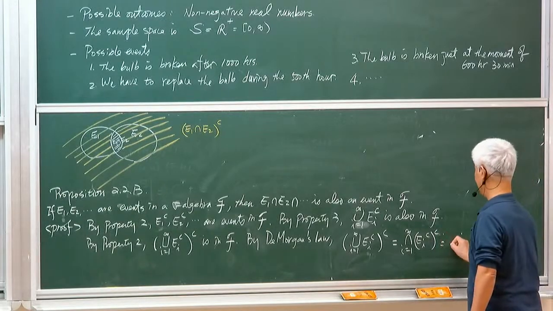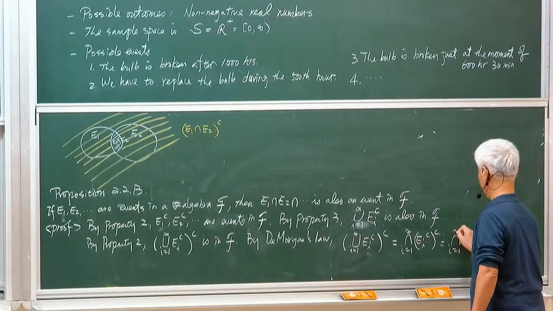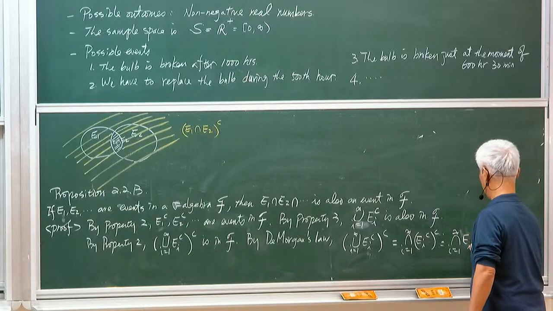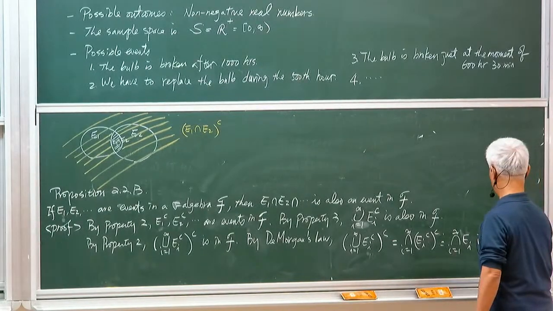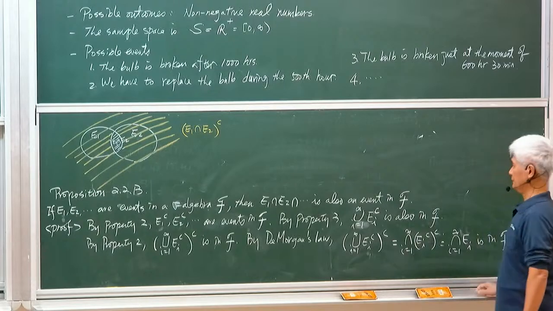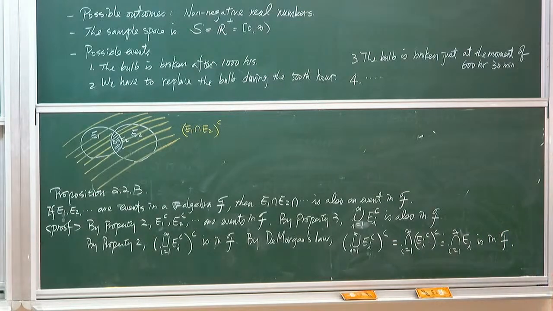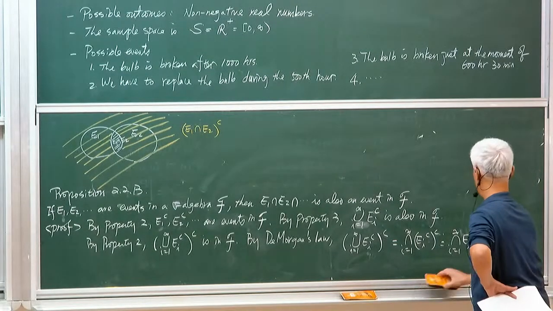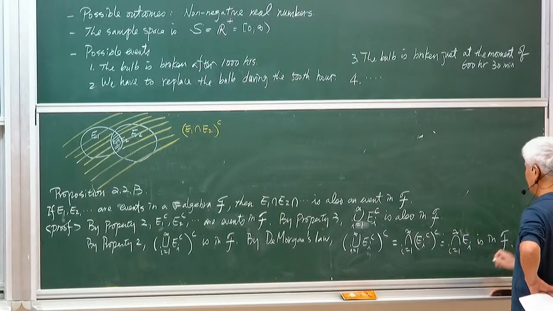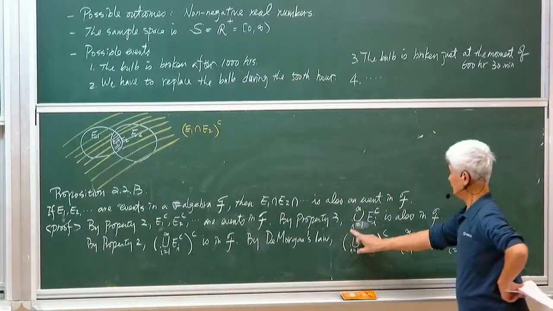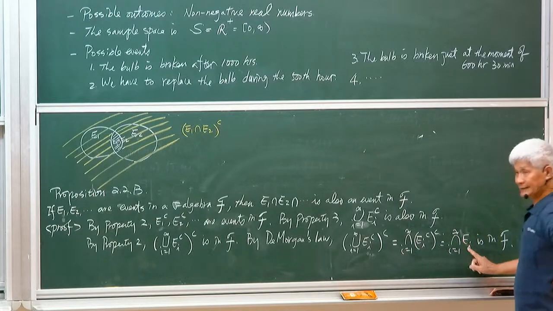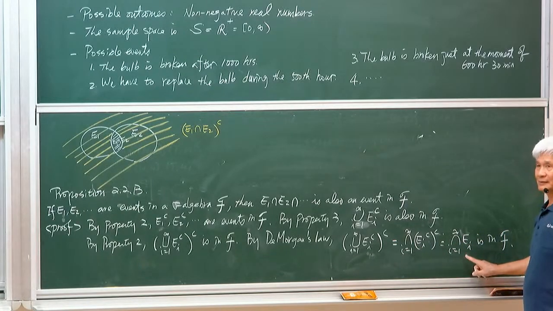This is in F, because this one we know is in F, but this complement is actually the intersection of Ei.